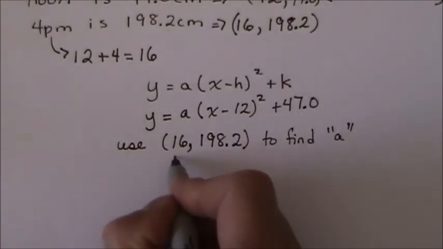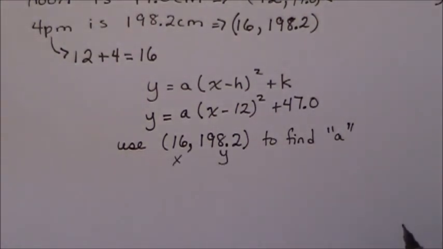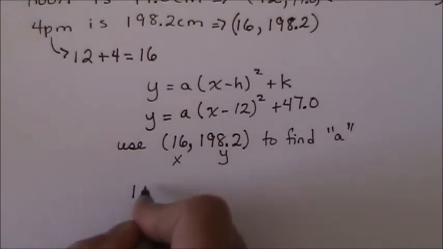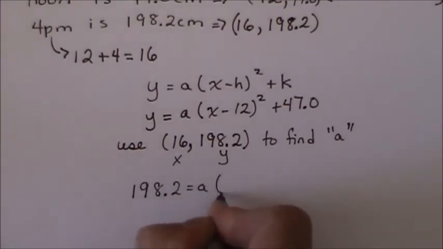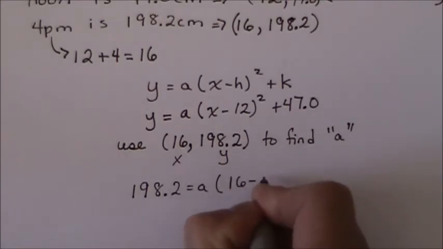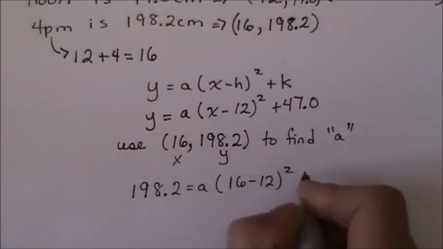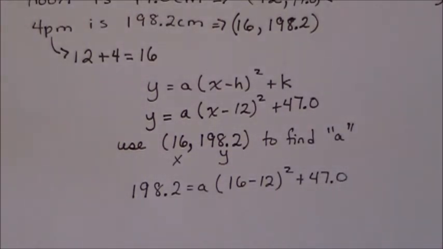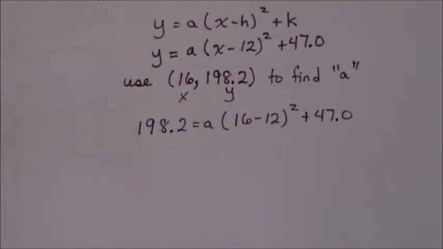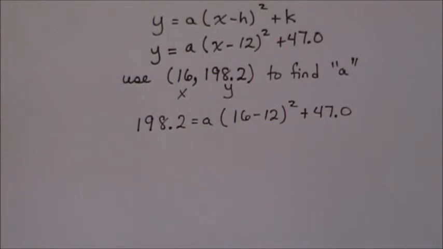Recall this is our x value and this is our y value. So we now have 198.2 equals a times 16 minus 12 squared plus 47.0. And at this stage we are solving for a.